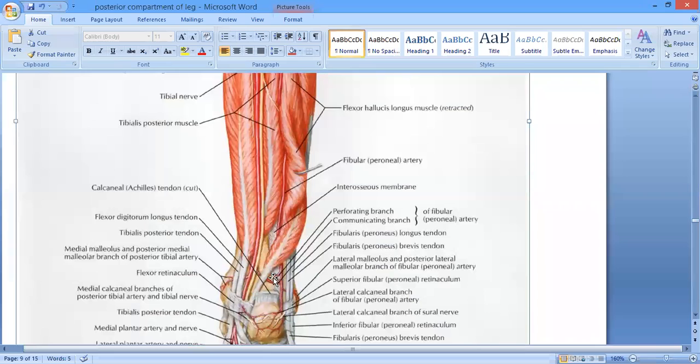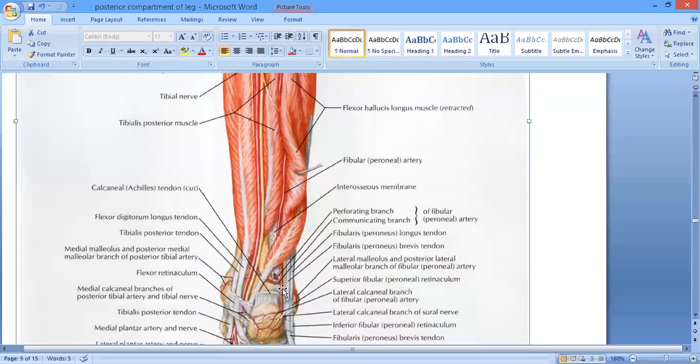You can see this is the inferior tibiofibular joint. So it passes behind the inferior tibiofibular joint and the ankle joint, running behind them.